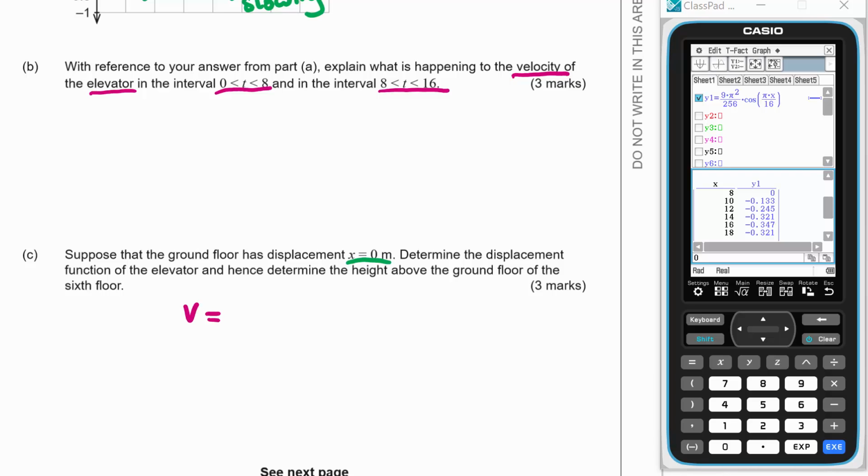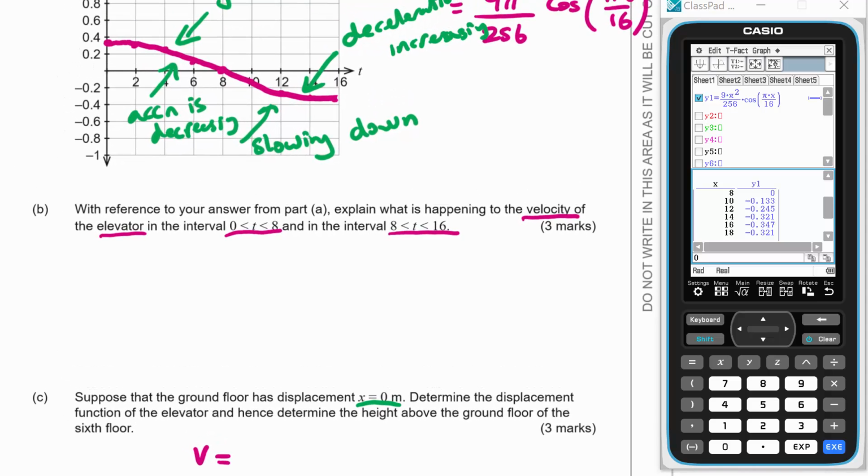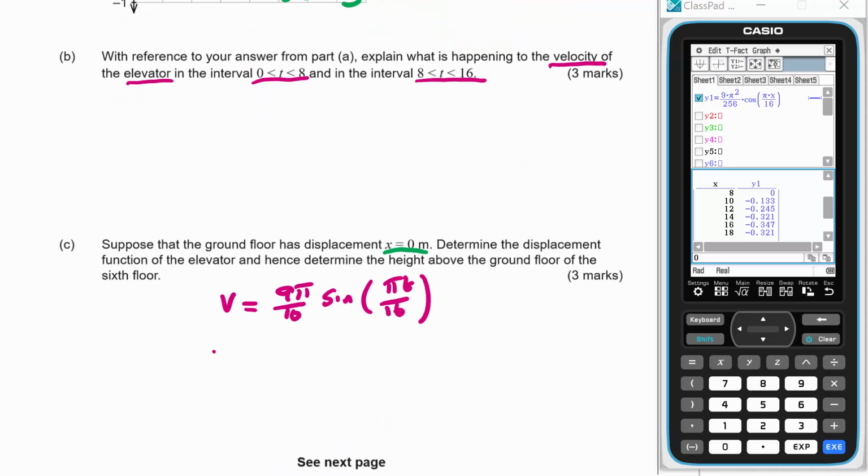Well, we know that the velocity function was 9 pi by 16 sine pi t over 16. So the displacement function is going to be 9 pi by 16 negative cos pi t by 16 divided by pi by 16.